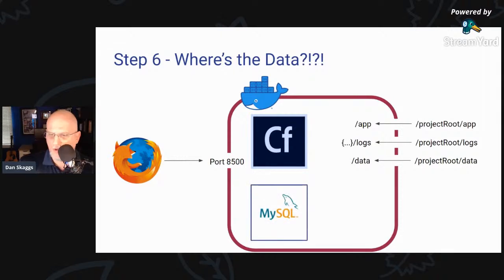Now, one caveat here is that there's absolutely zero reason that you have to have CF running MySQL running inside Docker. You can absolutely connect out to external shared databases. You can connect to a manually installed Postgres on your machine or MySQL, MS SQL Server, any of that. So what you gain by having this here is portability and isolation.